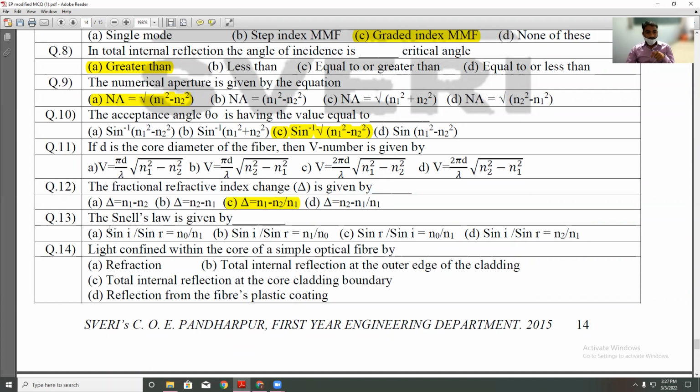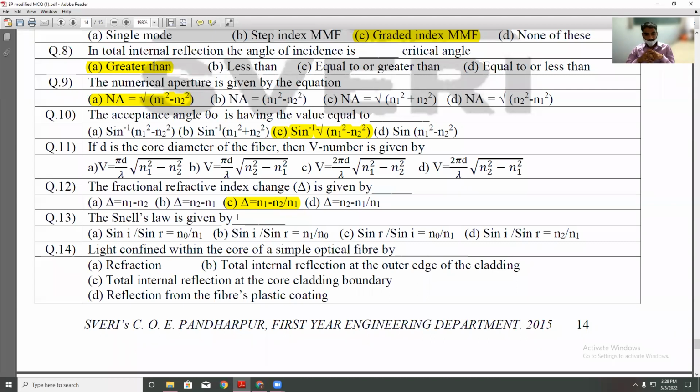Okay, Snell's law is given by. In this case we apply Snell's law at the launching end. You know there are two ends of the optical fiber. One is the launching end where the light enters into the optical fiber. So at that end, what is the Snell's law?